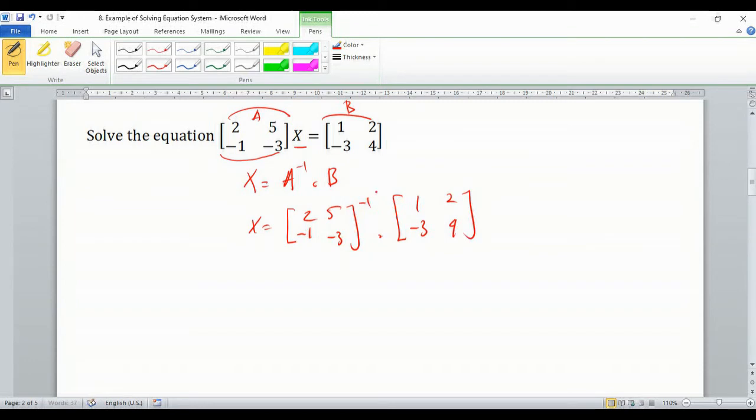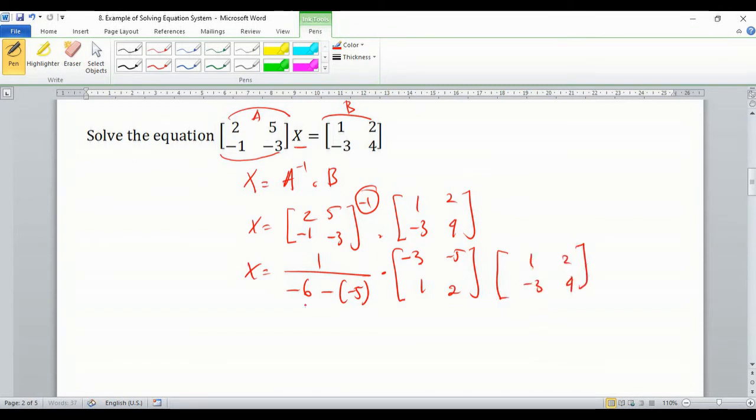Because there is an inverse, you need to solve it first. So minus 6 minus 5, times the matrix with positions changed: minus 3, 2, minus 5, 1. And then this one is 1, minus 3, 2, 4. Then simplify the matrix: minus 6 minus 5 is minus 1, times minus 3, minus 5, 1, 2, and then 1, 2, minus 3, 4.